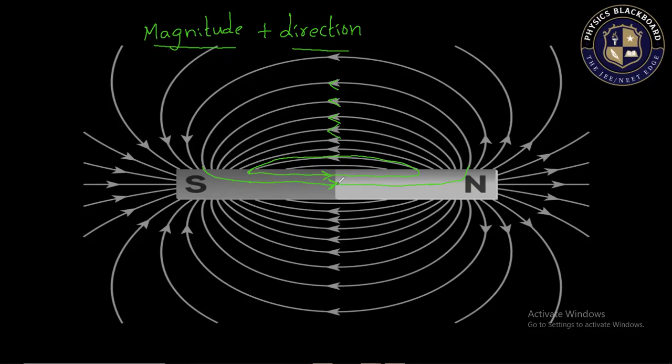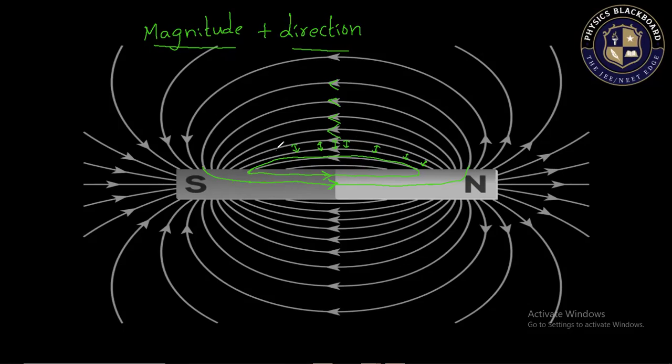Now, if you see the distance or degree of closeness of these magnetic lines, as we are moving to the center of this magnet, the magnetic lines get separated or move further apart.